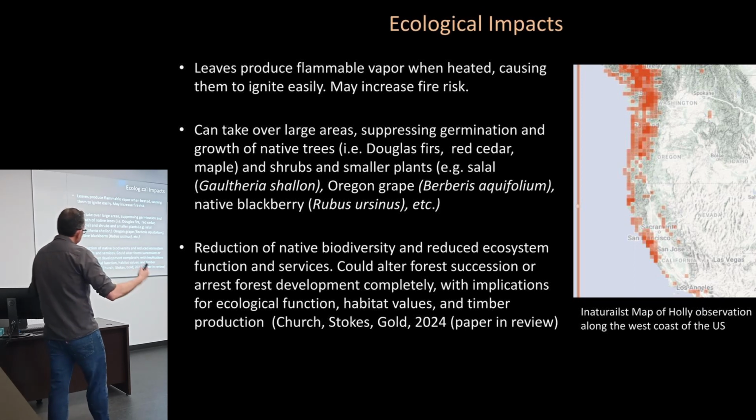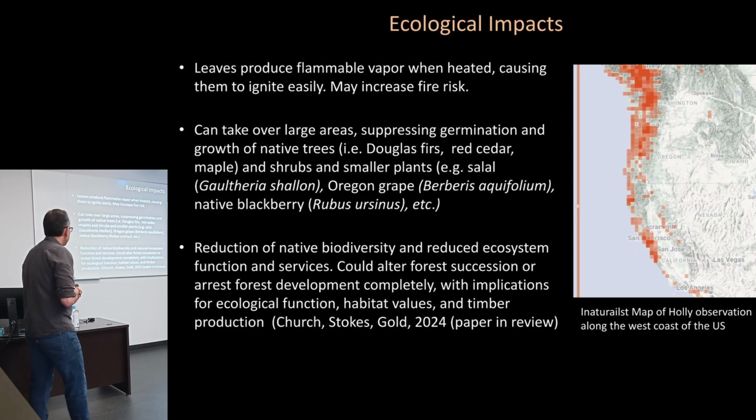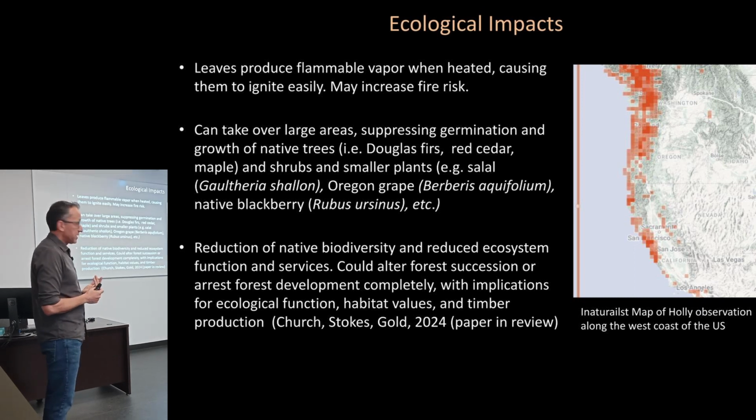So these impacts, of course, have consequences on native biodiversity. They reduce ecosystem functions and services. They alter forest succession with implications for habitat values. And also, going back to the idea of economic impacts, it can really affect timber production, the timber industry.